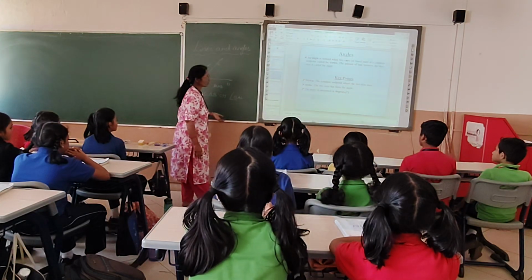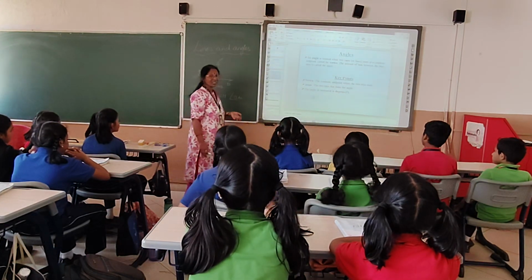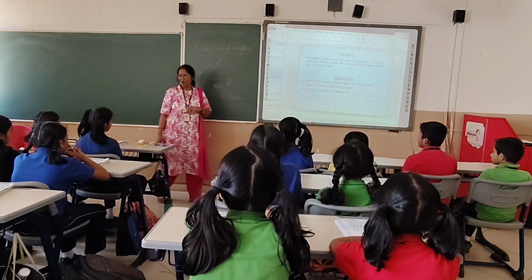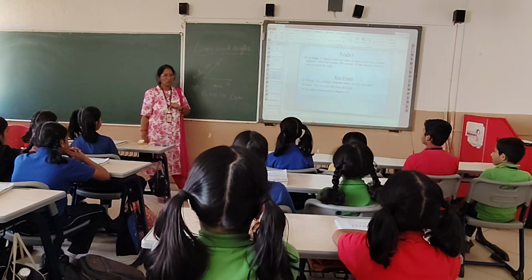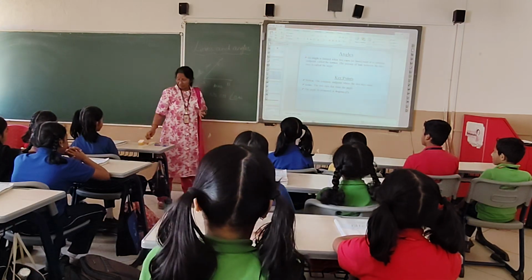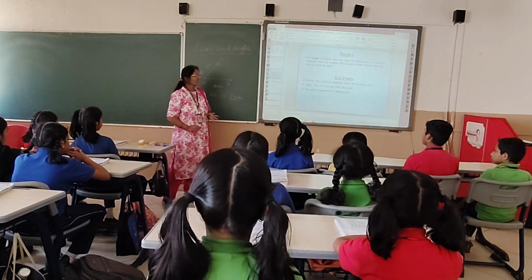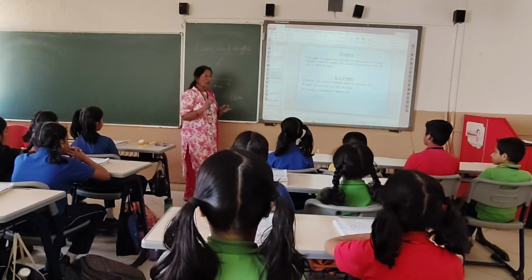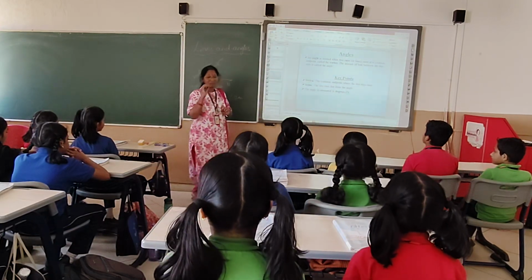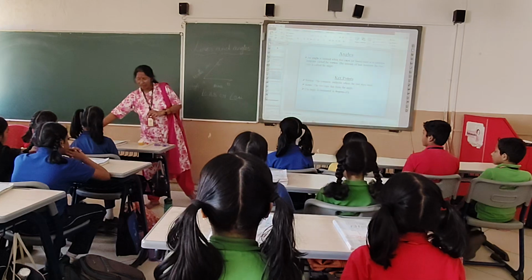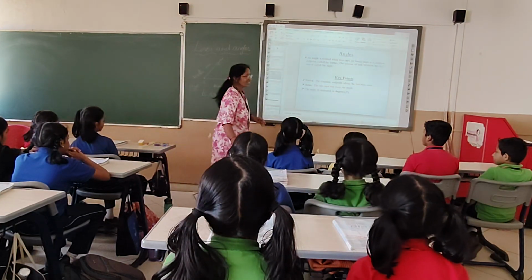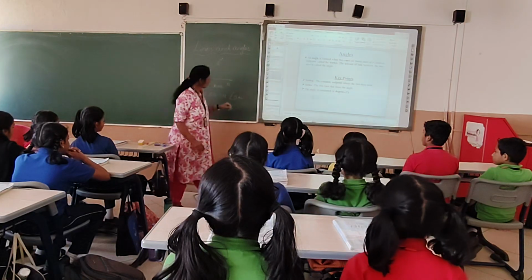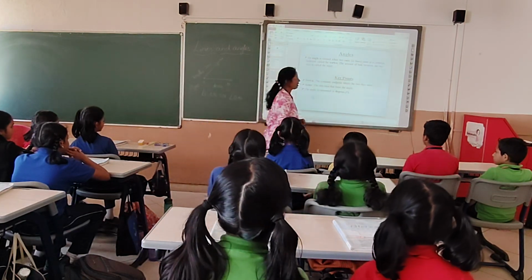Arms are the two rays that form the angle, which is measured in degrees. How do you measure? In degrees. So before measuring degrees, we will see how to measure the degrees.